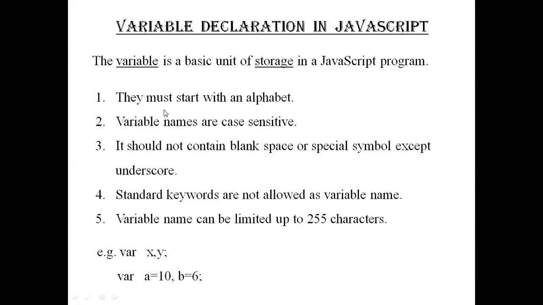A variable must start with an alphabet. Variable names are case sensitive, either you put capital or small, decide how you're going to use it. It should not contain blank space or a special symbol except the underscore.